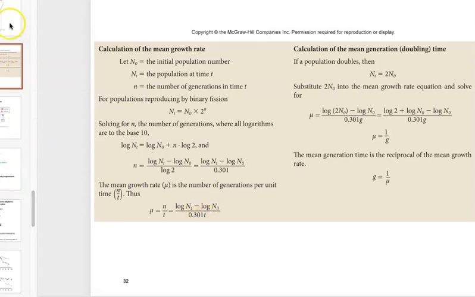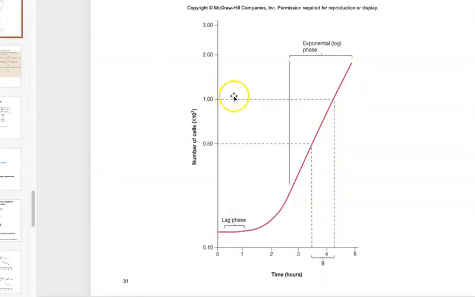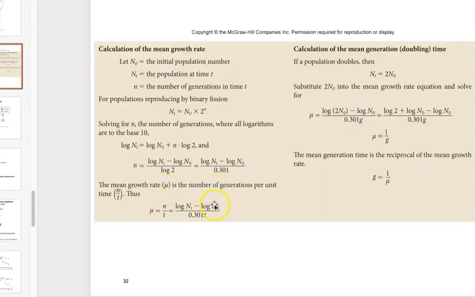So again, you take log final minus log initial divided by 0.301 t, and that information will give you the growth rate. Theoretically, any two points on this graph, where the line of best fit is the steepest for exponential phase, should give you the growth rate for the organism if you plug the variables into this equation.